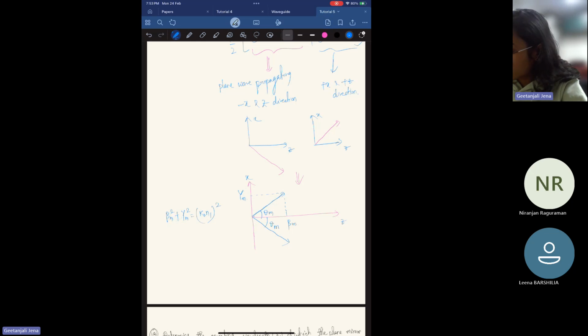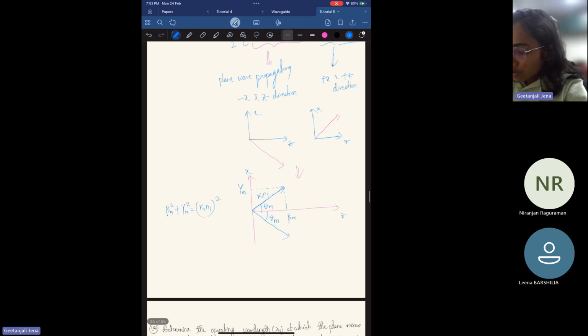So this vector here is k0 n1, because this will be the maximum propagation constant inside the medium. So that means we have beta m as k0 n1 cos theta m, and gamma m is k0 n1 sin theta.